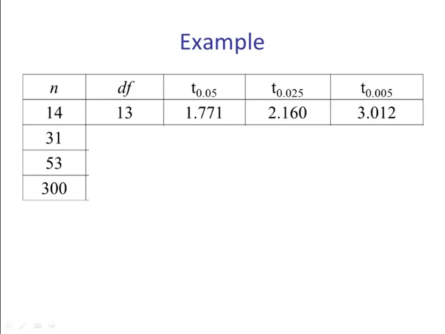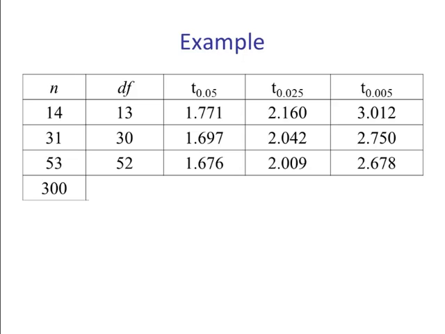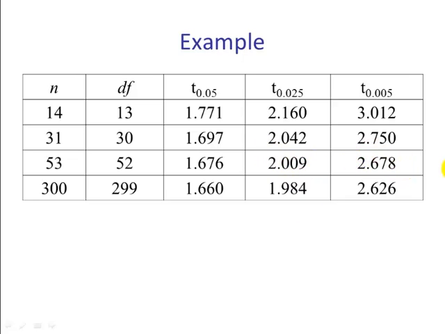If n is 31, degrees of freedom is 30, and we have our corresponding t values for the different confidence levels. 53 has 52 degrees of freedom, and we have our corresponding values. If we go to 300, degrees of freedom is 299, and we have our corresponding t values.